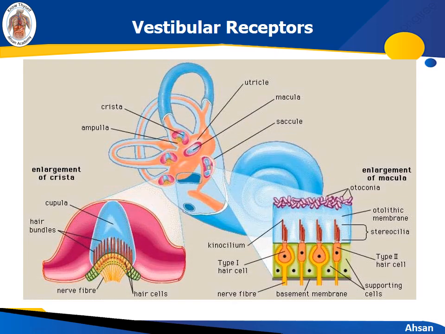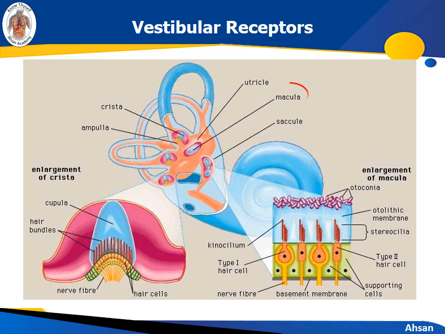I am using one diagram to understand the vestibular receptions. You can see the semicircular duct and inside its wall, the dilated part of the semicircular canal, as well as this opening into the utricle.